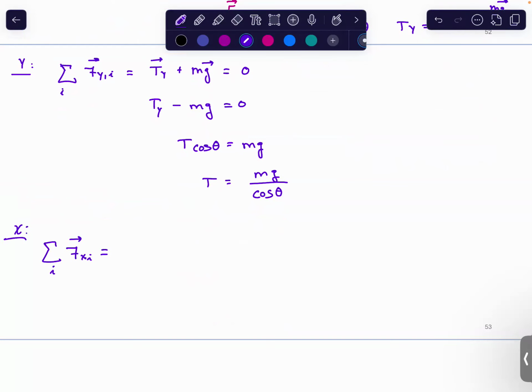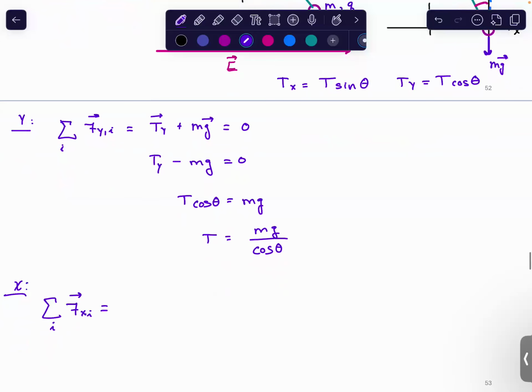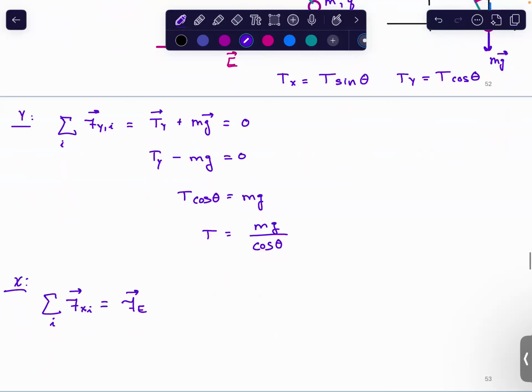So all of our forces in X. Well, let's look here. The electric field is going to provide a force, the electric force. The only other force we have in X is the X component of the tension, which will be the electric force minus Tx equals 0.